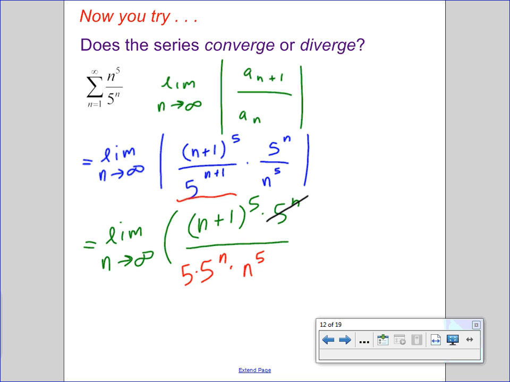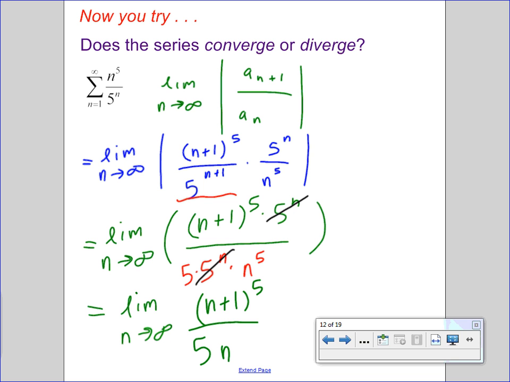And then we see that the 5 to the n exponential terms cancel out. So I'm left with the limit as n goes to infinity of n plus 1 to the 5th over 5 n to the 5th.